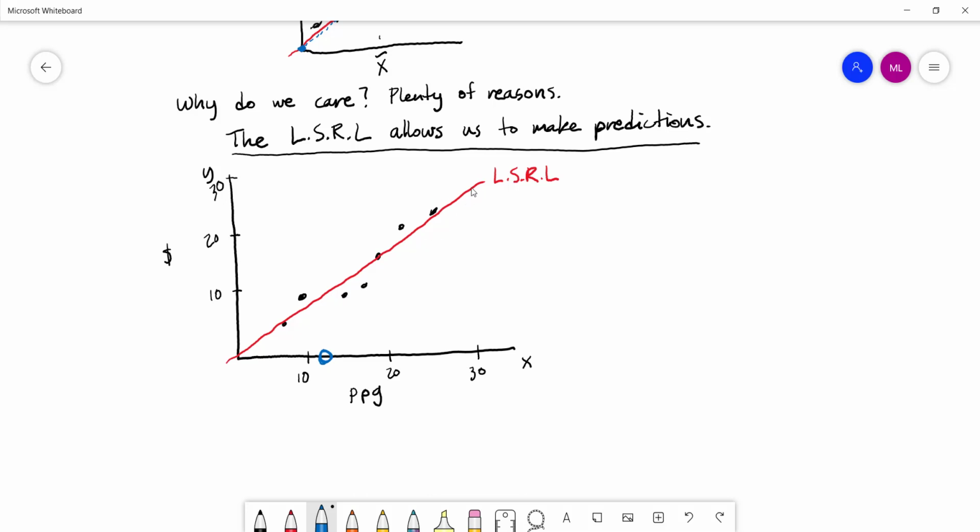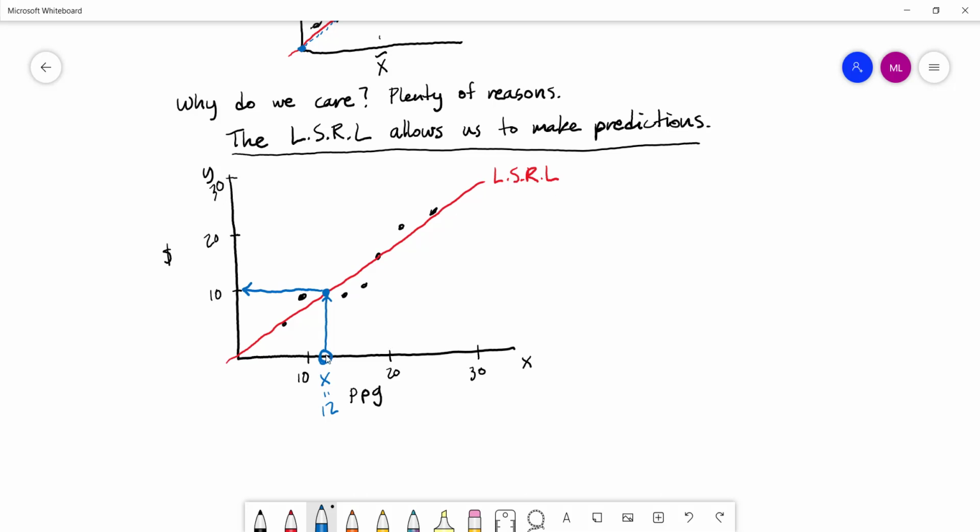And here's the general trend line of how people in the league are paid. Well, all we need to do is track this up to right here. So if this is the X value, maybe it's equal to 12 points per game, this will give me a predicted Y value. And it'll say, okay, this person should make, boom, $10 million.